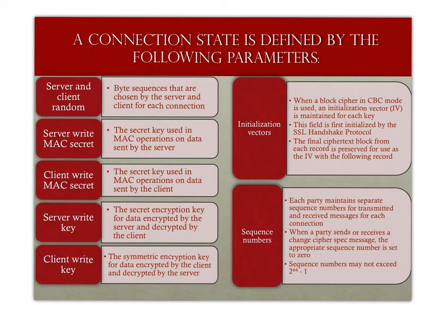Okay? So you have server and client random sequence. This random sequence, later on we'll talk about it in more detail, can be used to derive all these other keys together with the master key, which is from the session itself. No, it's not an initial vector per se, but this random sequence you can combine with the master key in order to generate some dynamic keys and temporary keys.